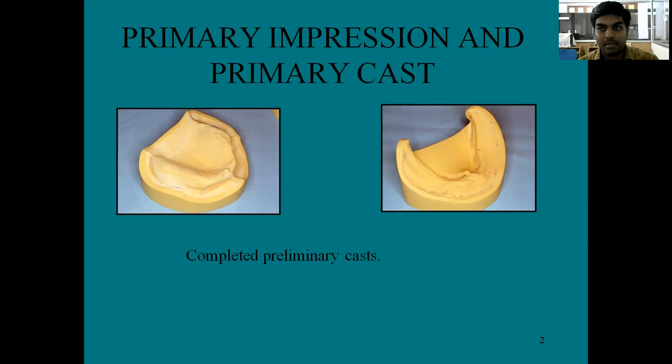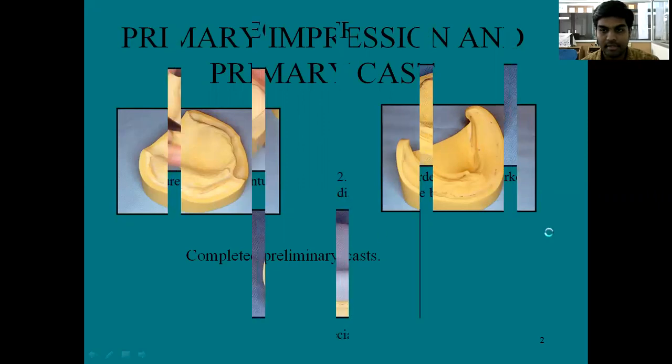After making a primary impression with one of these materials, next we will be pouring the cast, which is the primary cast. The primary cast will be made with either dental plaster or dental stone. In this picture, you can see a primary cast that is made with dental stone.